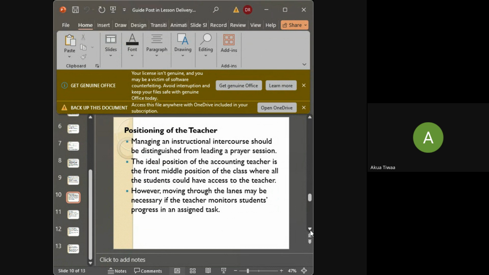So as we have said, you need to most of the time be in the middle so that they can all see you. They shouldn't be moving their neck here and there. And as you are teaching, at some point you need to be moving around. But the movement shouldn't be like you are preaching or you are praying.